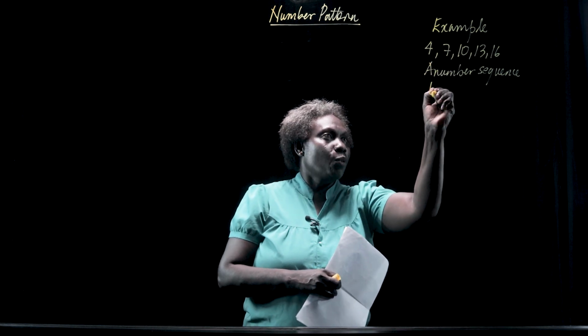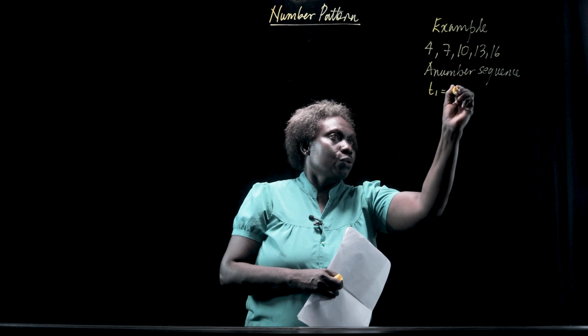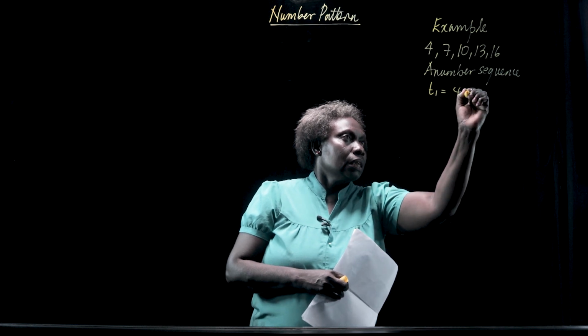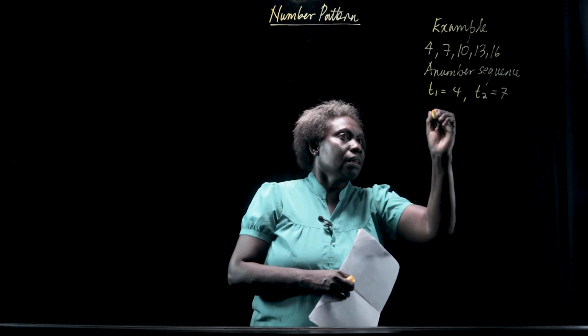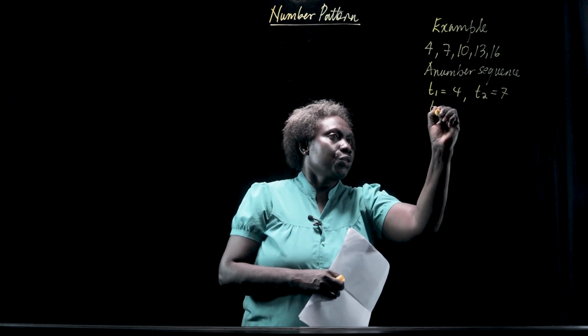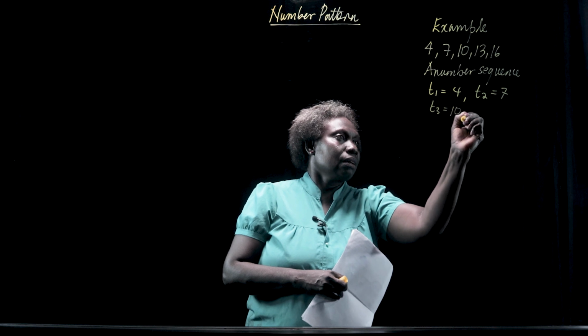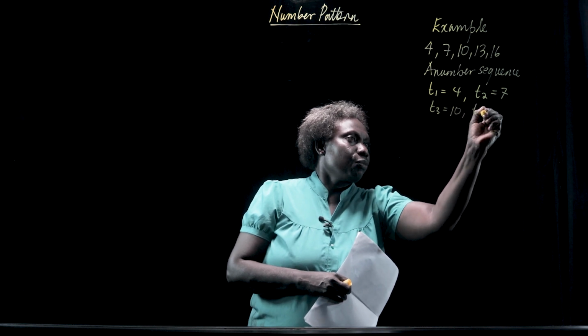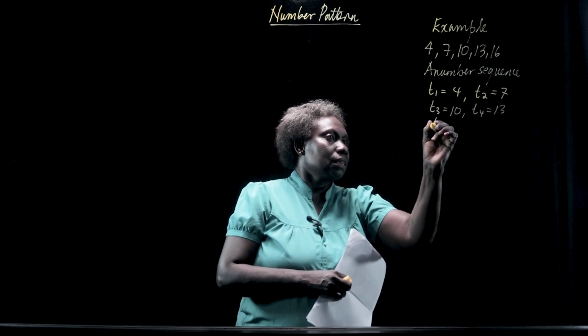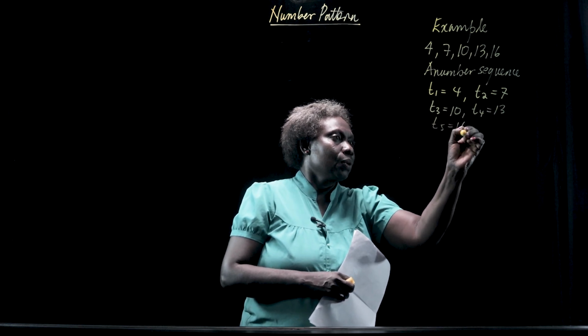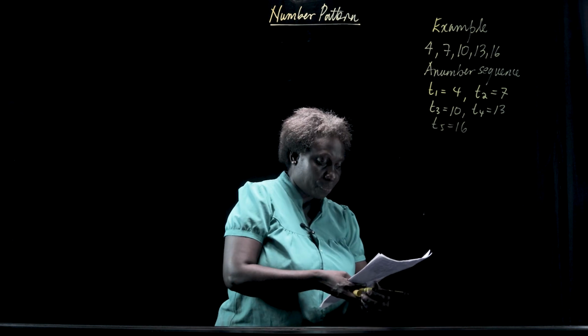So term 1 is equal to 4. Term 2 is equal to 7. Term 3 is equal to 10. Term 4 is equal to 13. And term 5 is equal to 16.